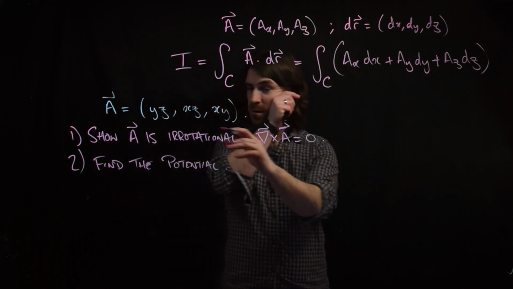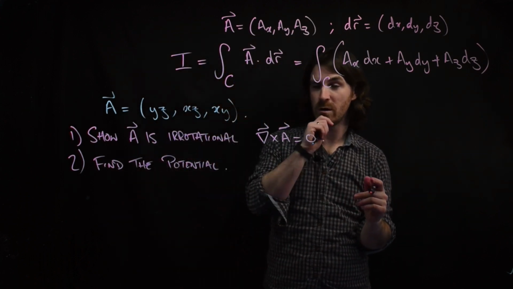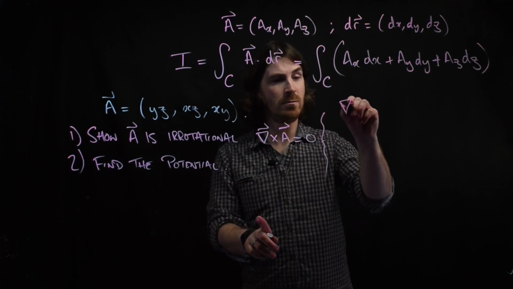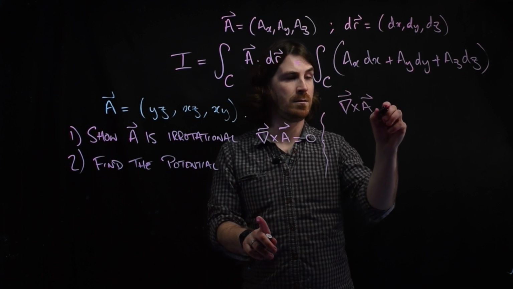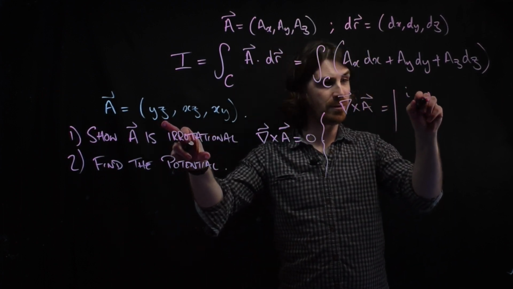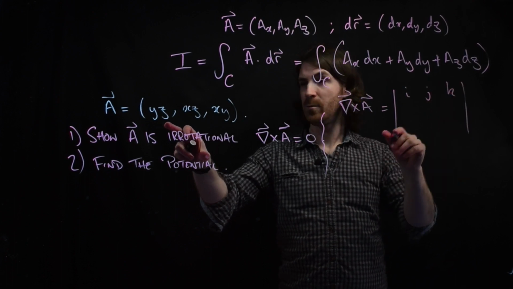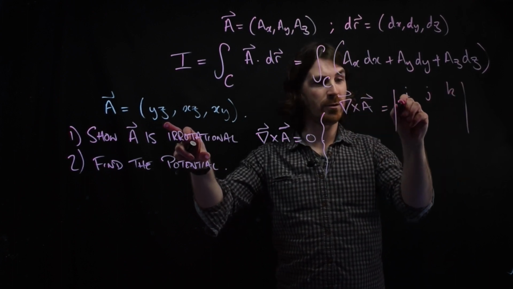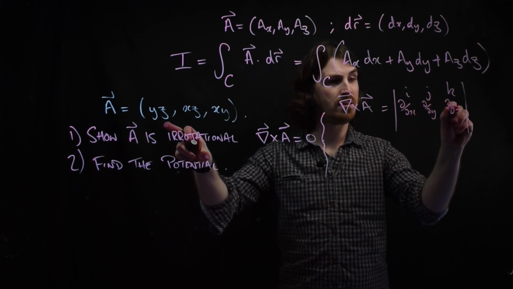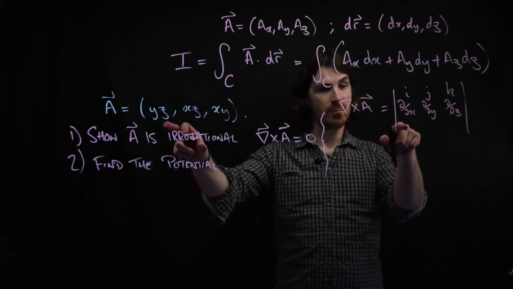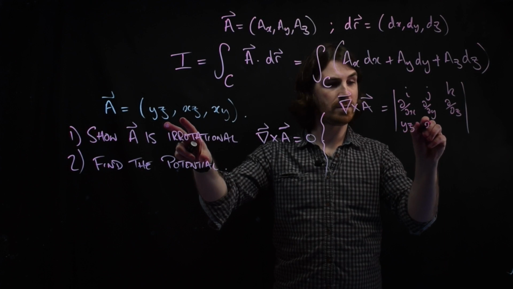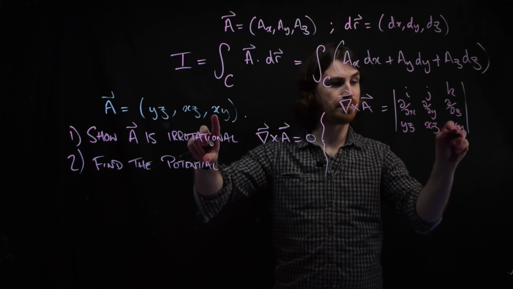Let's think about number 1 first. So curl of A. Let's remember we do this determinant: for the nabla we've got d by dx, d by dy, d by dz, and then the components of A, yz, xz, and xy.